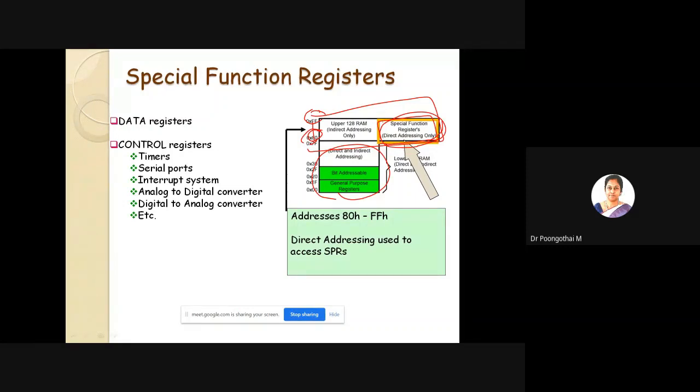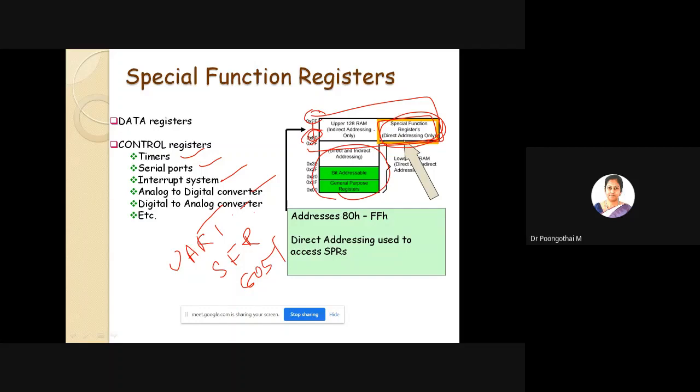Special functions like timer, serial port, interrupt system, analog to digital conversion and digital to analog conversion, and UART serial port communications are performed by using the special function registers. These registers control the entire operation of 8051, so they can be accessed by direct addressing. Is it clear?